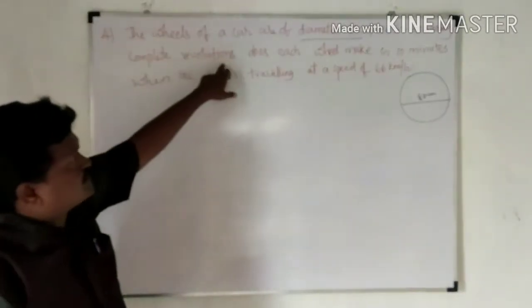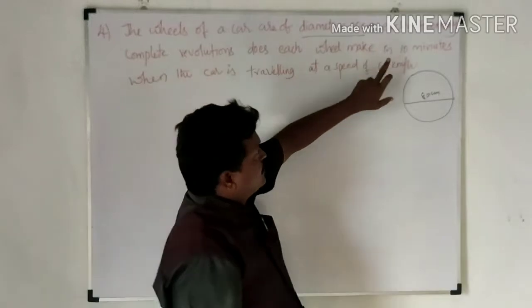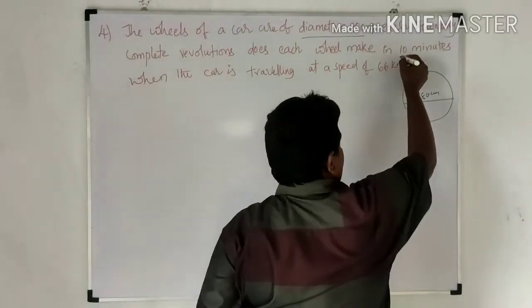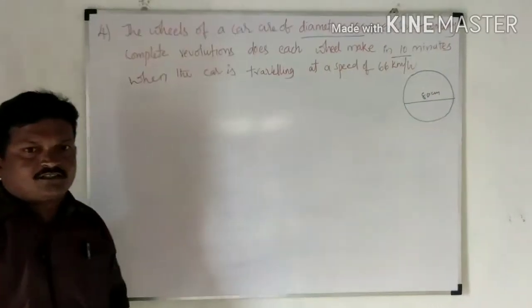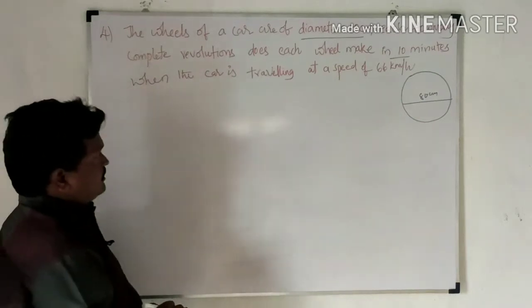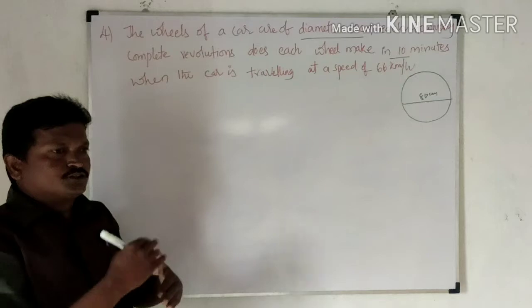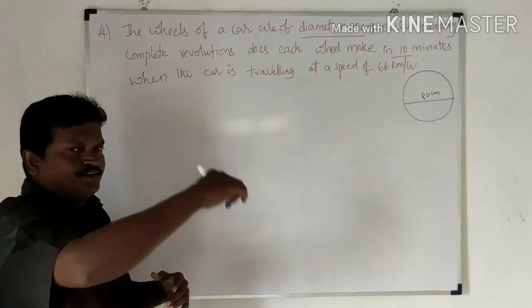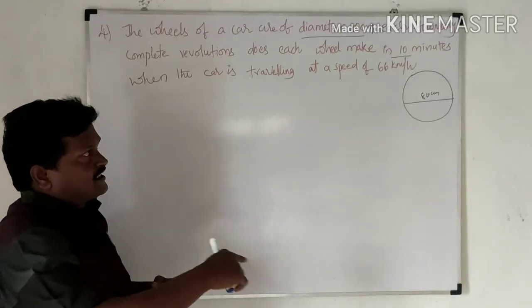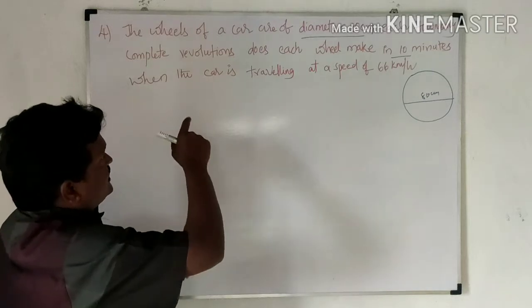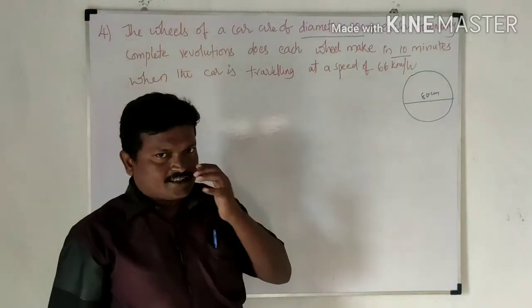Now, how many complete revolutions does each wheel make in 10 minutes? How many revolutions means how many rounds it will rotate in 10 minutes to travel this total distance.